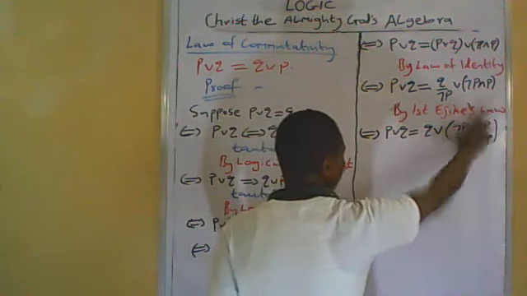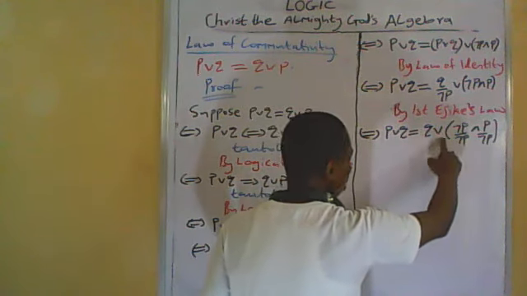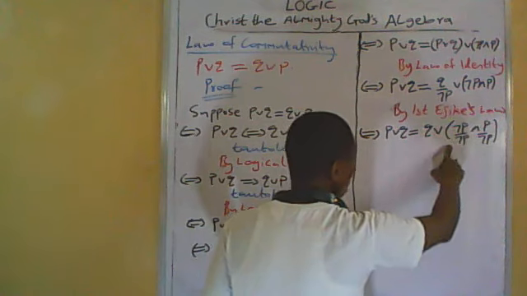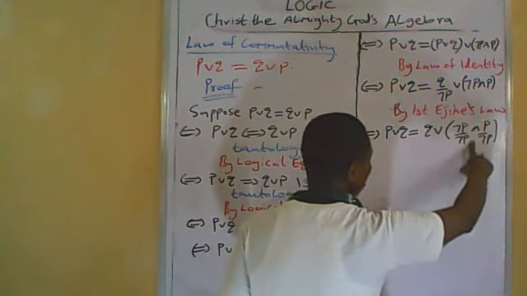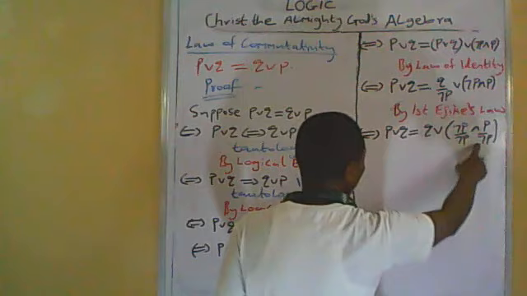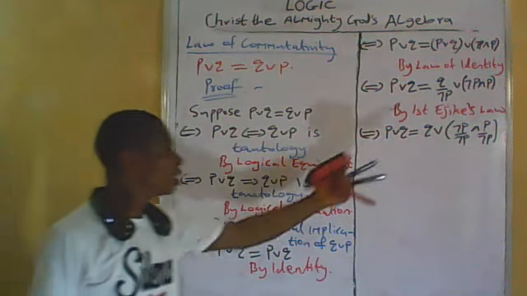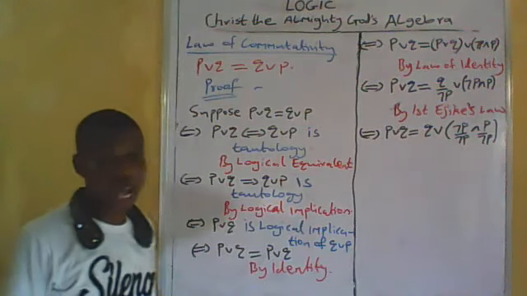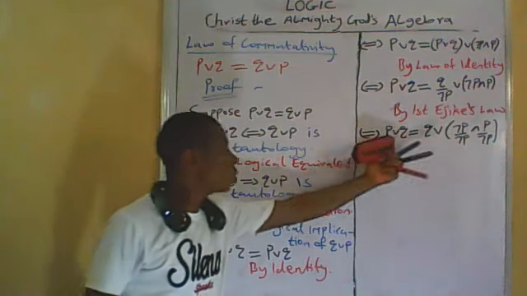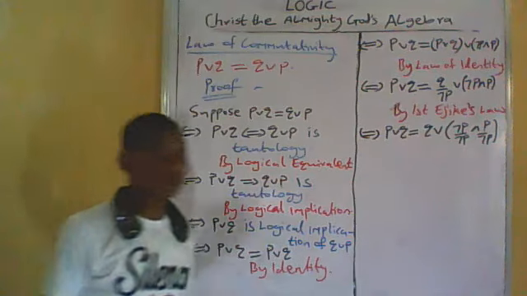That means this is Q or P upon not P, and P upon not P is P. So it's still logically equivalent to Q or P or Q.